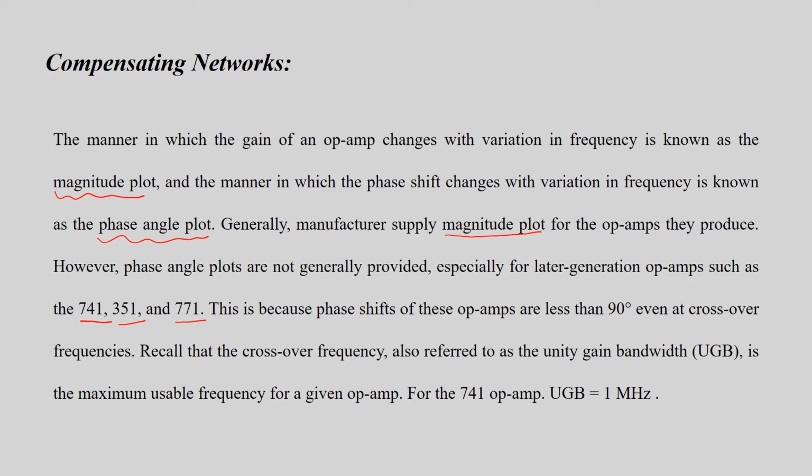This is because phase shift of these op-amps is less than 90 degrees even at crossover frequencies. Recall that crossover frequency, also referred to as unity gain bandwidth, is the maximum usable frequency for a given op-amp. For example, in the case of a typical 741 op-amp, UGB is 1 megahertz.